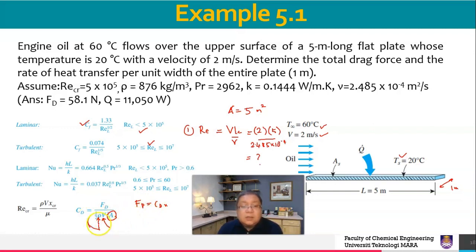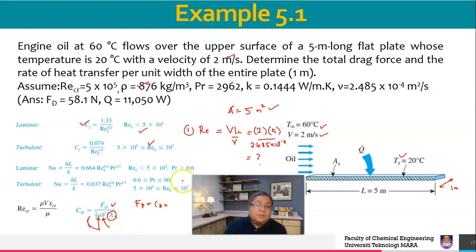Rho is already given, V squared, this is V, and A is already determined, and then you just multiply with the value of CF, so you will get FD.